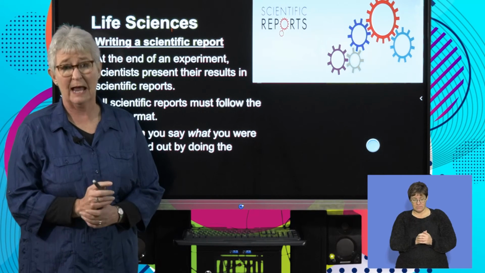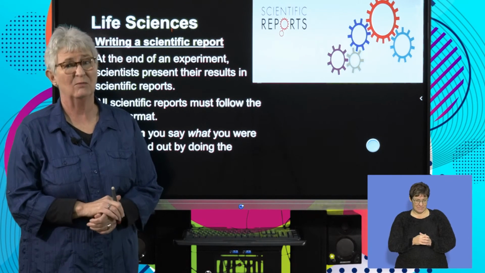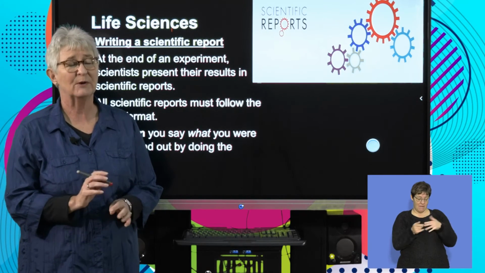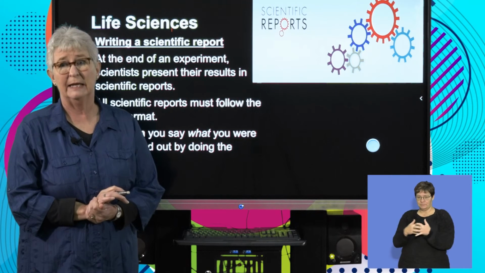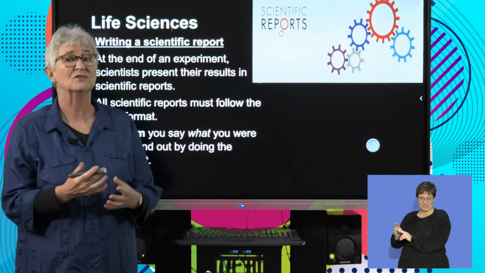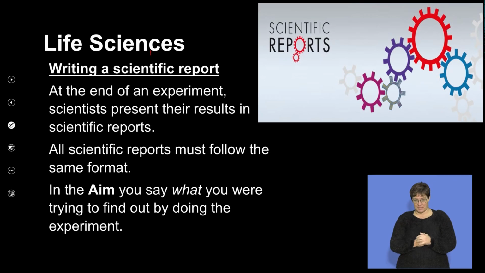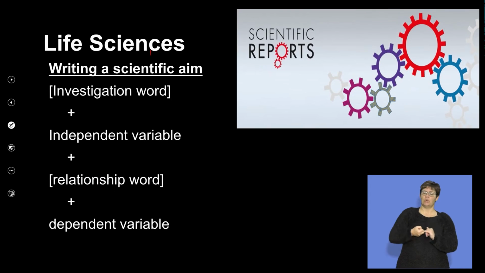And this I'm sure you are familiar with, because in your natural science, whenever you've done an experiment, you've come in contact with these different terms, and you should know how most of this works. So, they have to follow the same format, and the first thing the scientists say is, what is their aim? What are they actually trying to do?